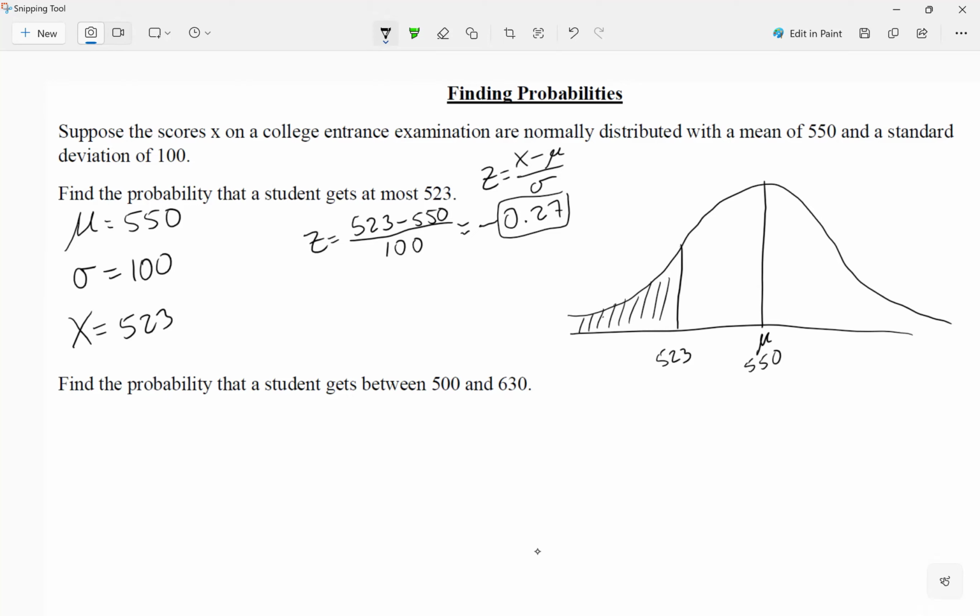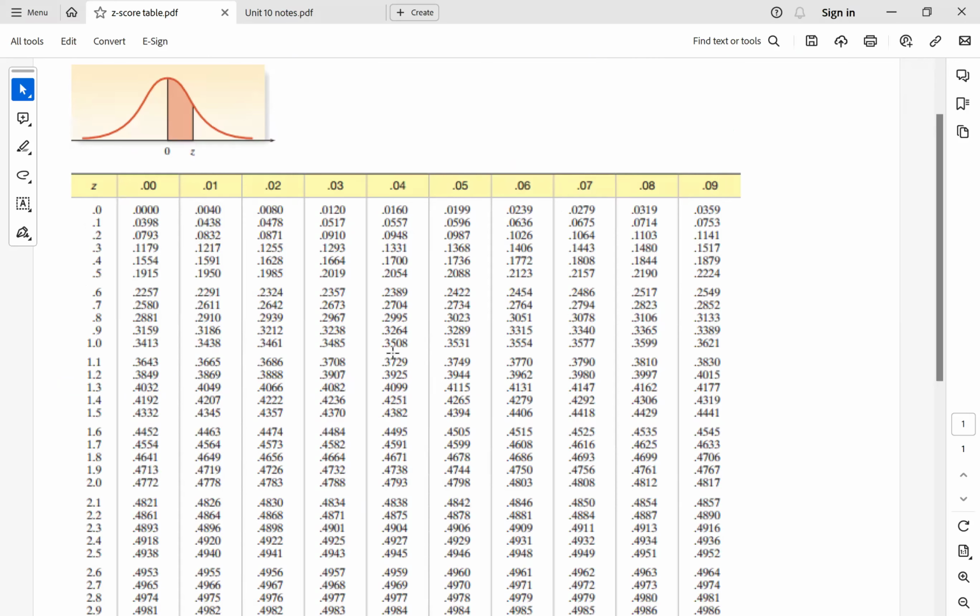So let me look at my z-score, 0.27, in the table. I look on the left at 0.2, connected with the 7 from the top, and I get 0.1064.